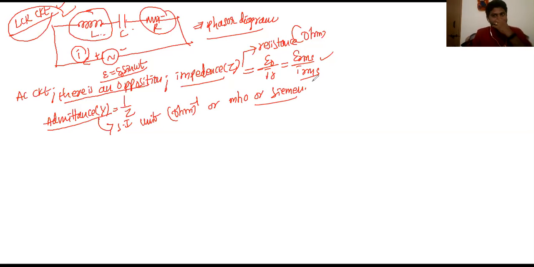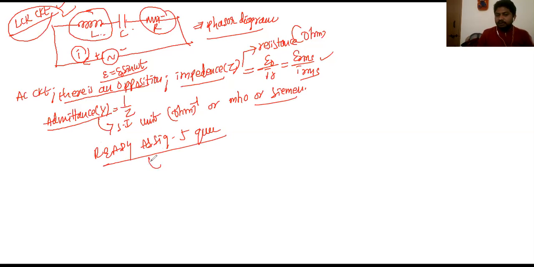In this way, this simple topic will be discussed. Now get ready for your assignment of 5 questions. Your today's assignment will be based on when an AC source is connected to a resistor, when an AC source is connected to an inductor, and when an AC source is connected to a capacitor.